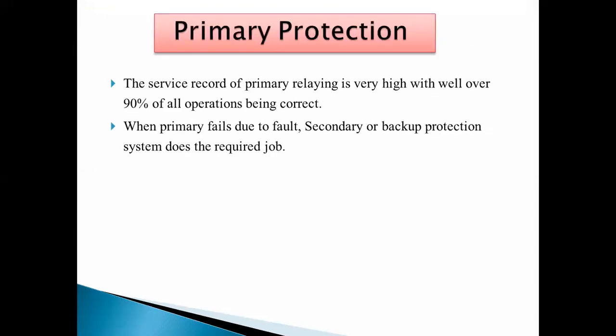After that, the next one is the primary protection, and the second type is the backup protection. Can anyone define this primary protection and backup protection? Primary protection, backup protection, what is meant by this?